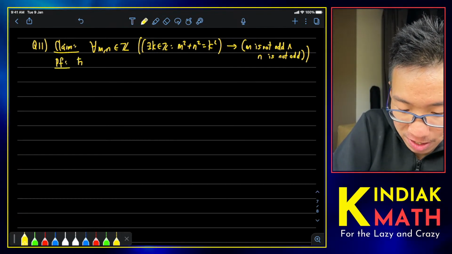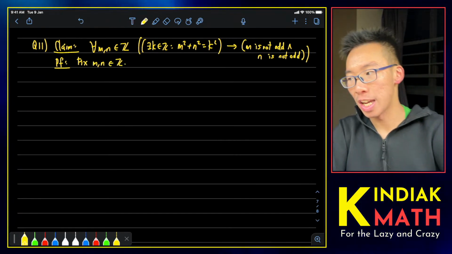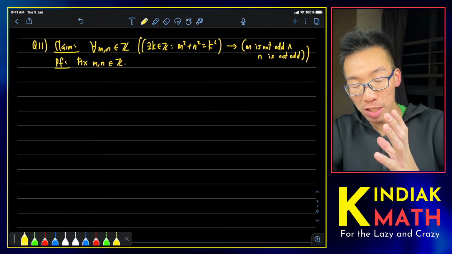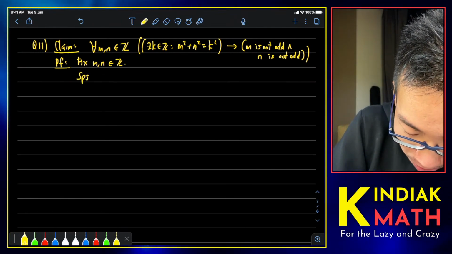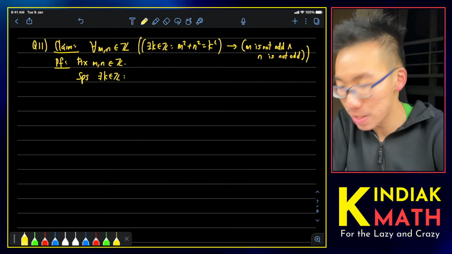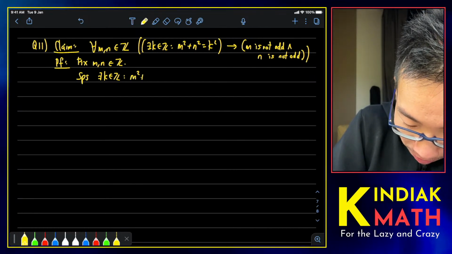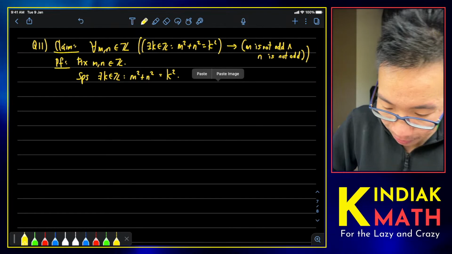So once again, we'll fix m, n as integers. And we'll start with what we can assume, because it's an implication, right? Suppose there exists some integer k with the property that m squared plus n squared equals k squared.